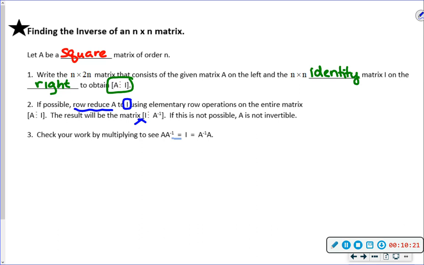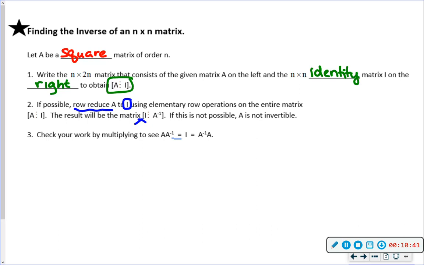Whatever numbers are at the back is your answer. So it's like they switch locations is what you're after. And I'm sure, sarcasm, everybody's going to do number 3. You're going to check your answer by multiplying out the original with your inverse to make sure you get the diagonal ones. I'm sure we're all going to do that.